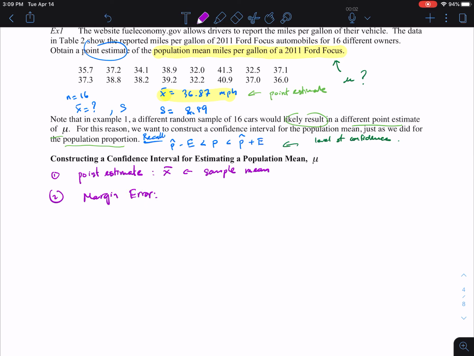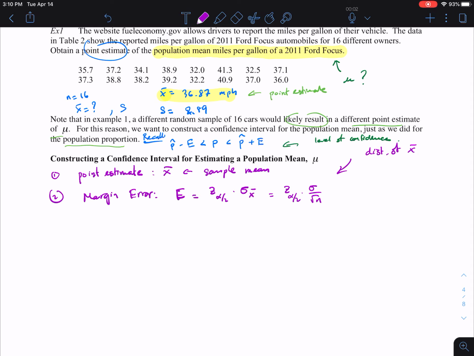The second thing we need is to calculate the margin of error. The margin of error formula is denoted E, equal to z alpha over 2 times the standard error for the sampling distribution of sample means, and that is sigma of x bar. For estimating a proportion, we had sigma of p hat. In this case, we have sigma of x bar. So that's going to be z alpha over 2 times sigma over the square root of n. That comes from the distribution of x bar, in chapter 6 when we discussed the sampling distribution of sample means.